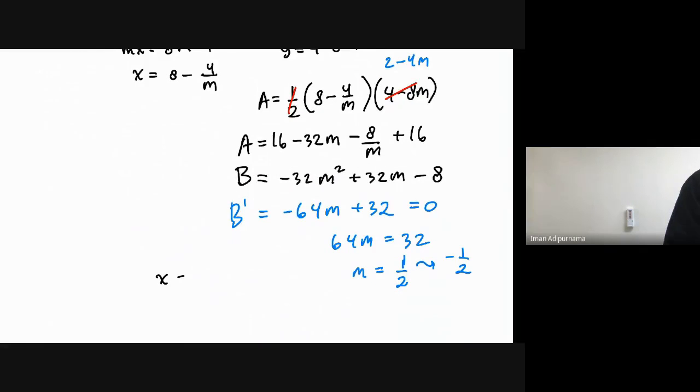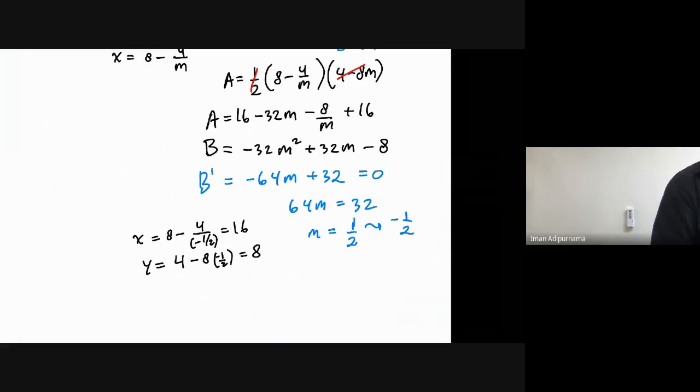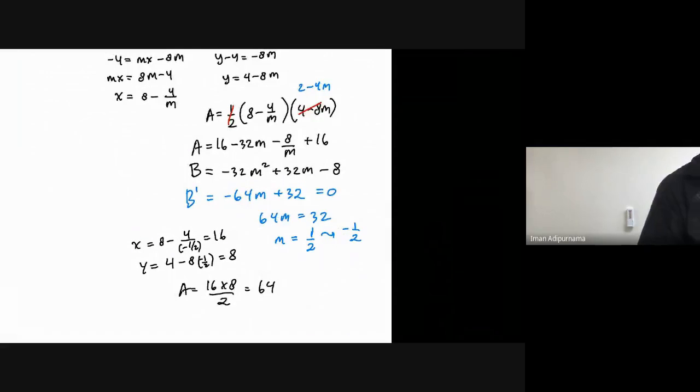So x will be 8 minus 4 over negative half, 16, and y will be 8. So area will be 64.